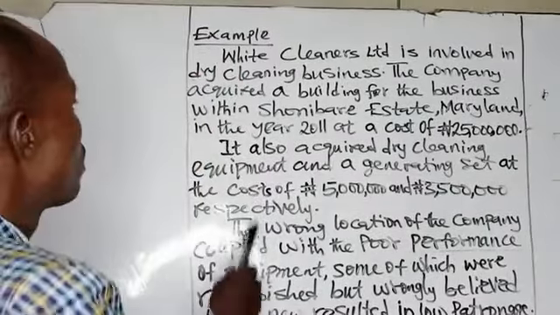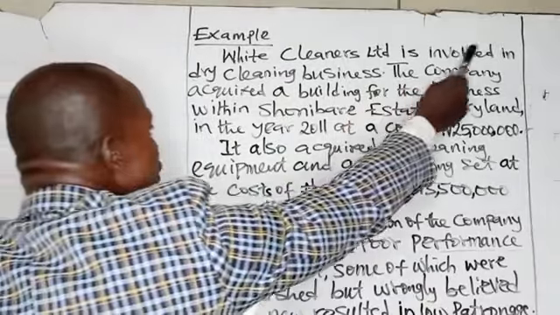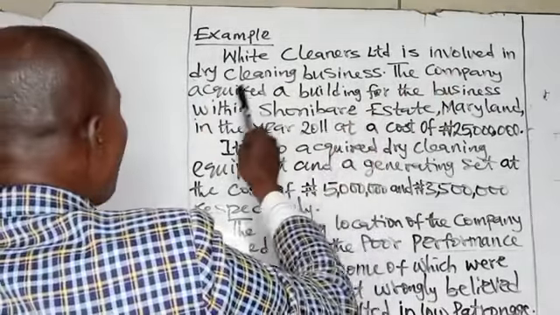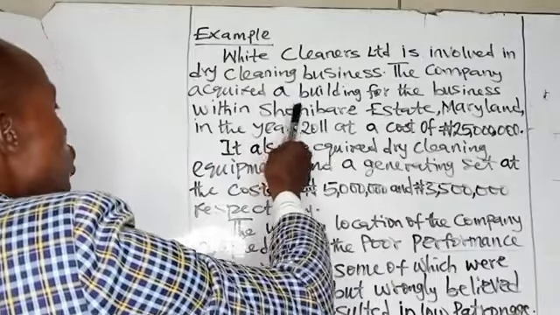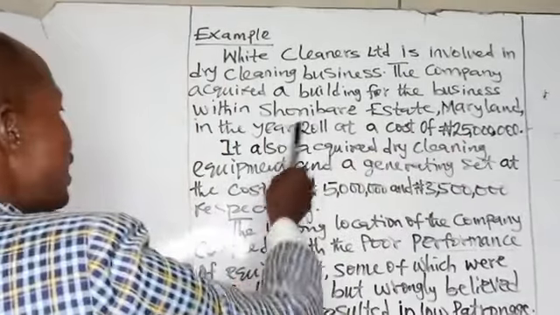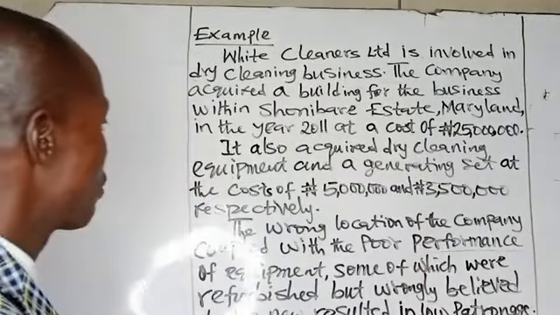Example: White Cleaners Limited is involved in dry cleaning business. The company acquired a building for the business within Shonibare Estate, Maryland, in the year 2011 at a cost of 25 million naira.